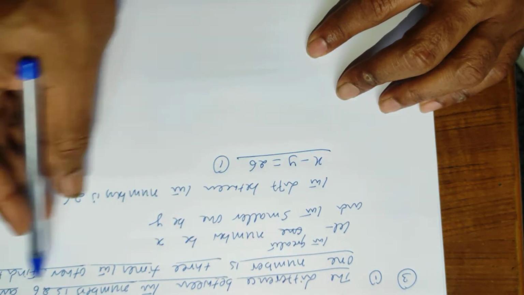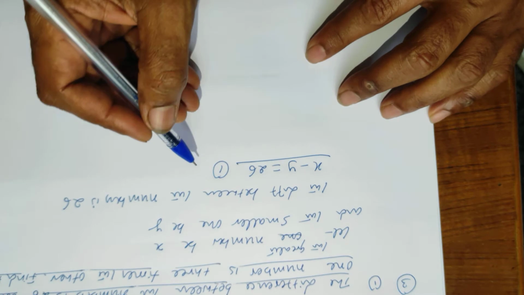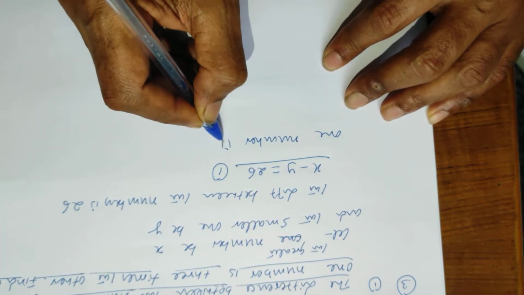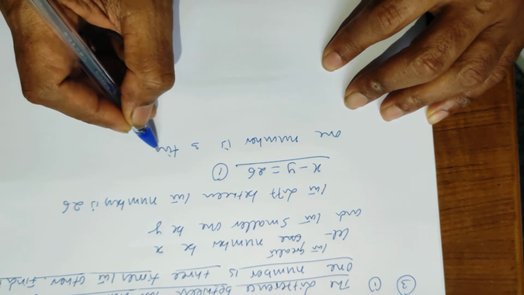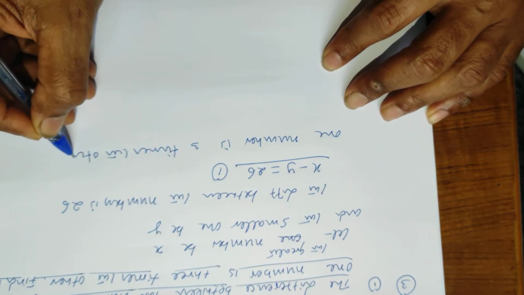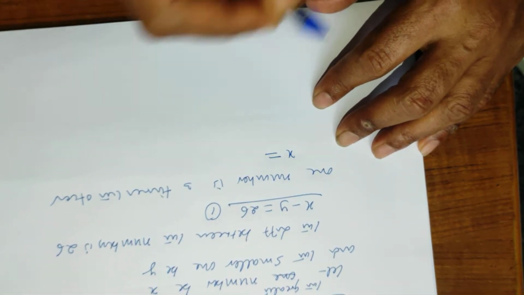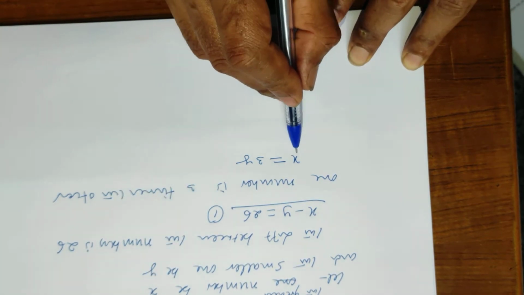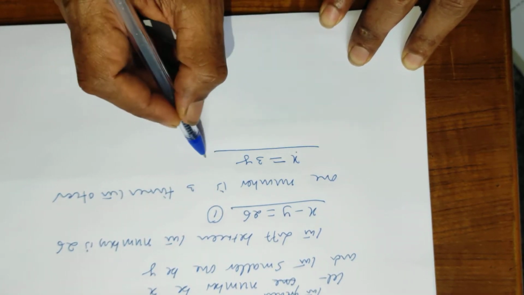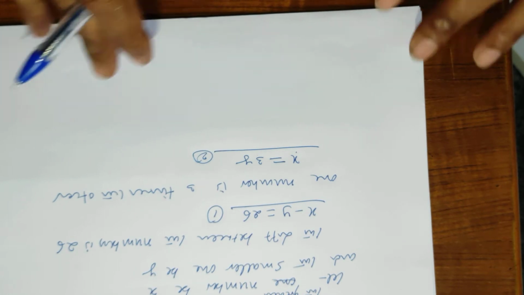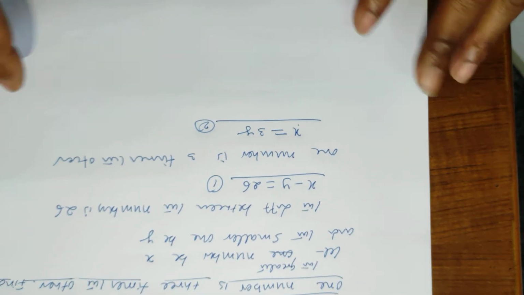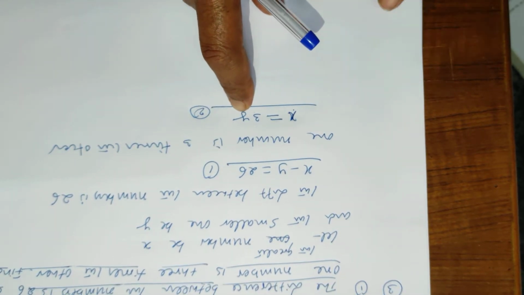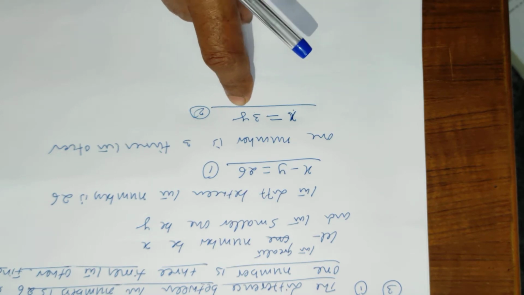Another comparison is given. One number is 3 times the other. So the larger number is 3 times the other. So x is equal to 3y, the greater one. So that greater one is 3 times the smaller one. So we have two equations now. And here already it is given the value of one variable is expressed in terms of another variable.